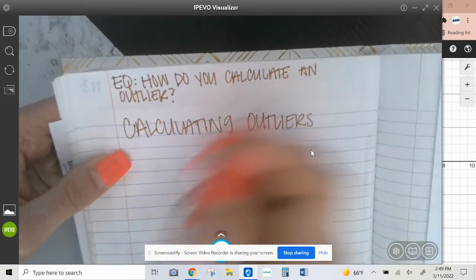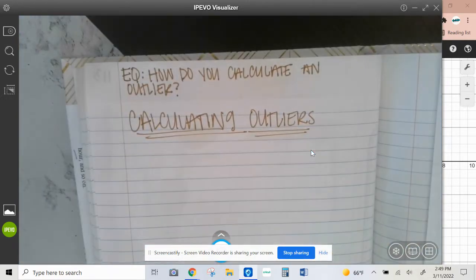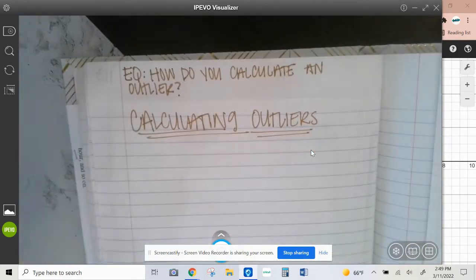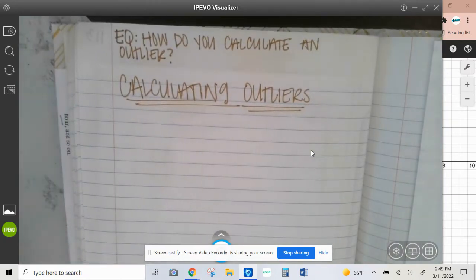Your favorite handwritten notes. You better get used to them because they're coming a lot next year. No more pretty foldables. Okay, so to calculate an outlier, we have 4 main steps. We're going to write the steps and then we'll go through an example together.